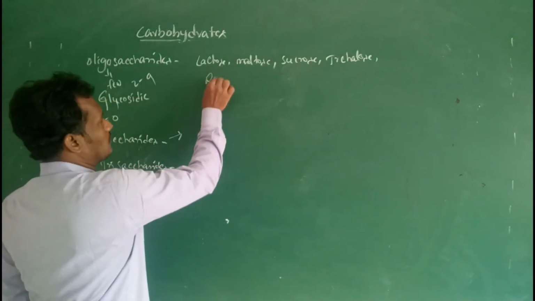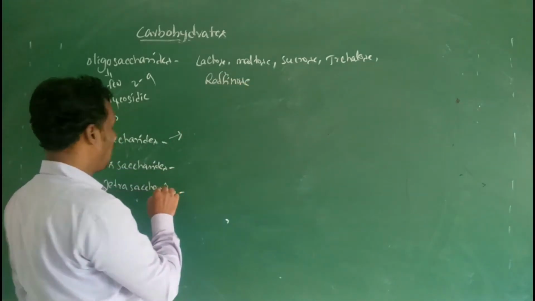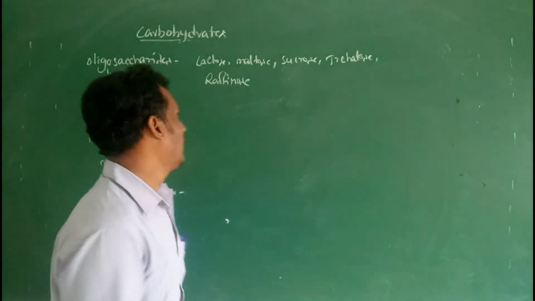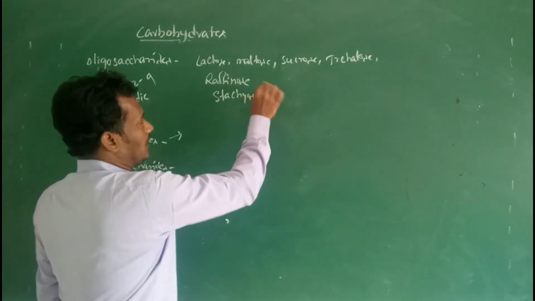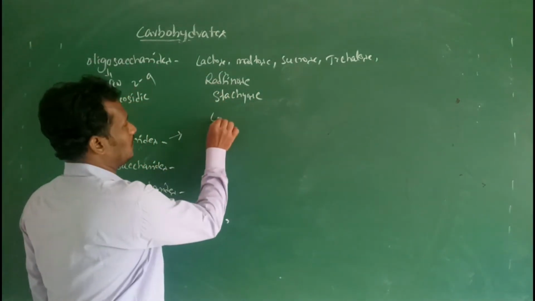An example is raffinose. Then in a tetrasaccharide, four monosaccharide units are present. Stachyose is an example.